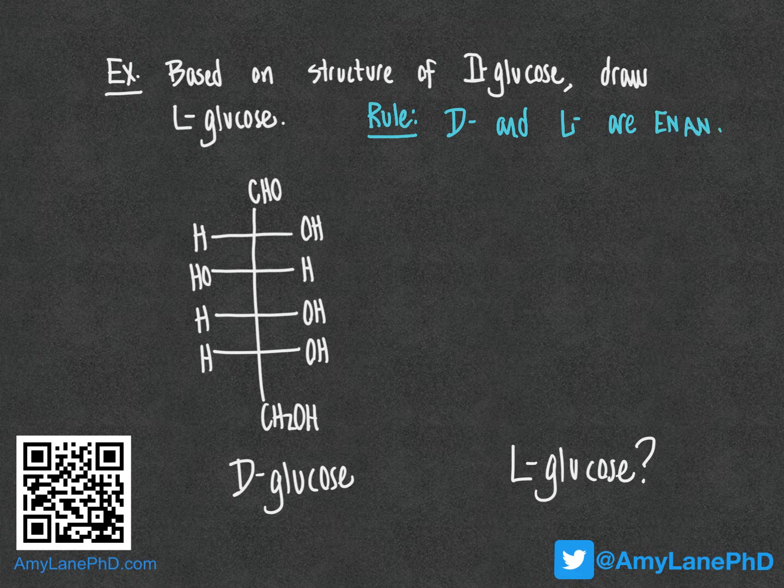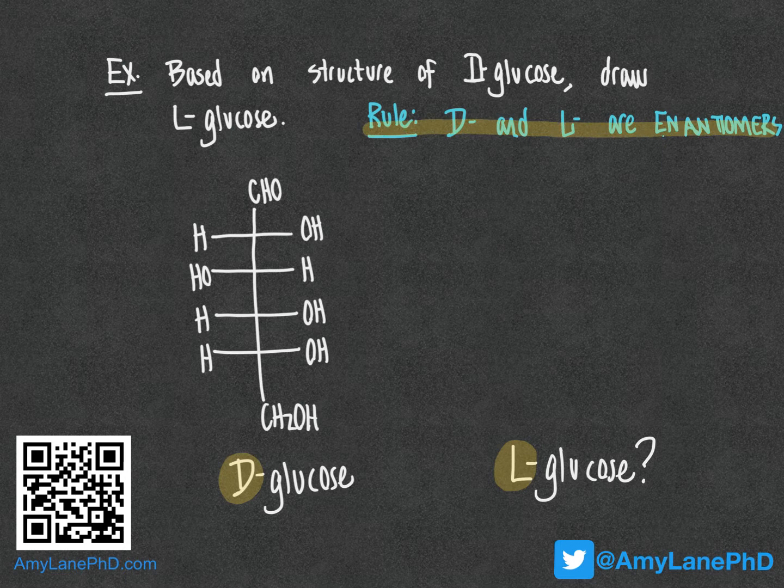It will always be the case that if one molecule rotates polarized light clockwise to a certain degree, then the enantiomer will rotate polarized light in an equal and opposite direction. And so keeping that in mind, D-glucose and L-glucose rotating light in equal and opposite directions means that they must be enantiomers, and we need to draw them as such.